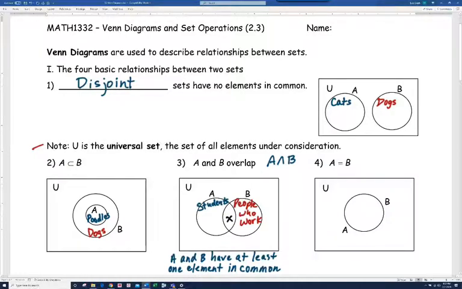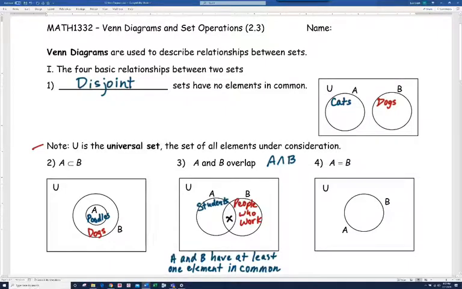But normally, if you have overlapping circles, we can assume that there is some intersection there. I guess it's not always true, but in general, if you just see 2 sets, normally there is something in there if they're overlapping.